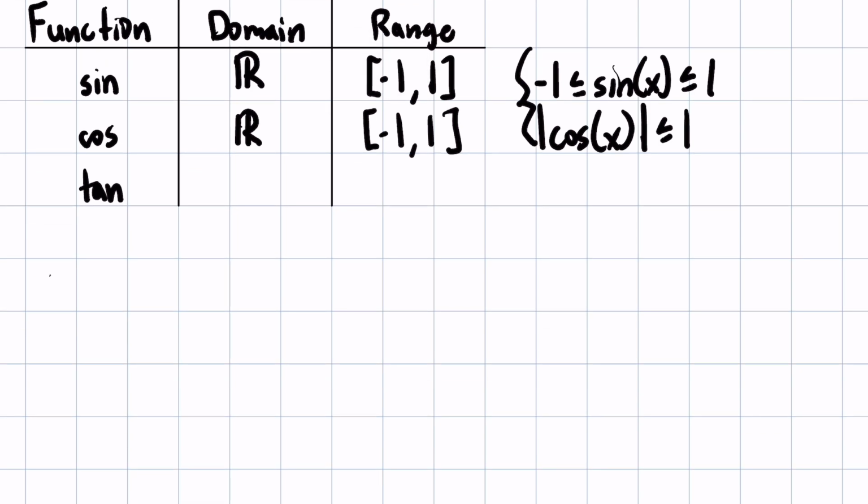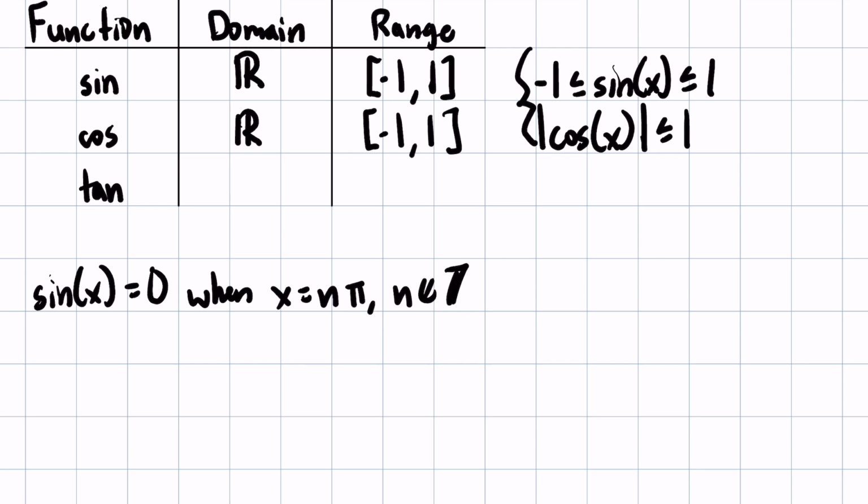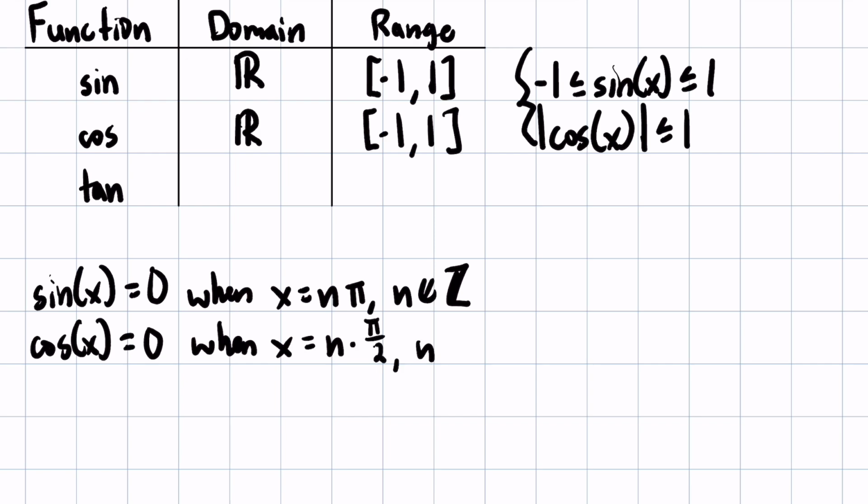All right. And then we'll talk about the zeros of sine and cosine. So sine has zeros at the integer multiples of pi, which means that sine x equals 0 when x equals n times pi for some n in the integers, right? And then cosine has its zeros at the integer multiples of pi over 2. So when x equals n times pi over 2 for some integer n.